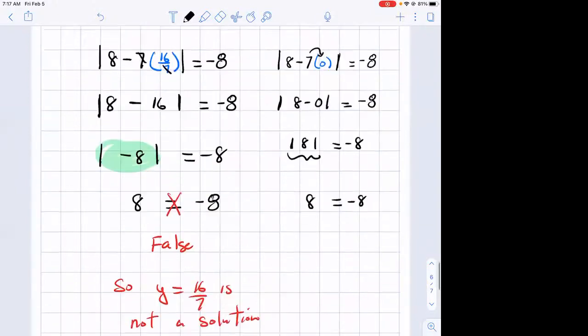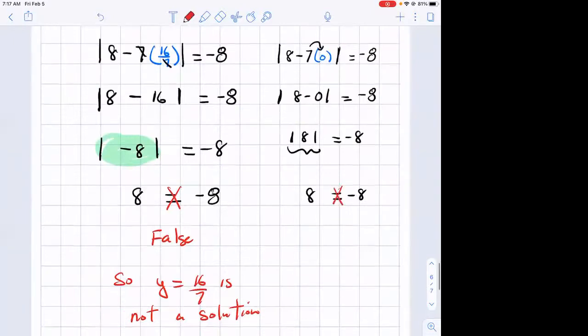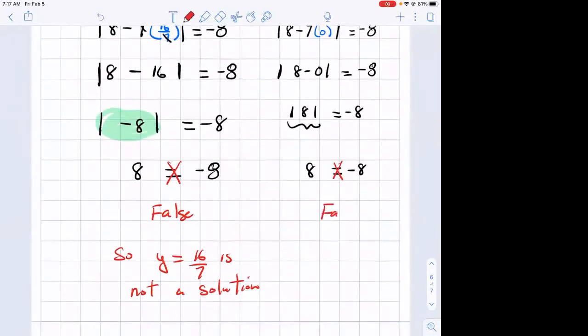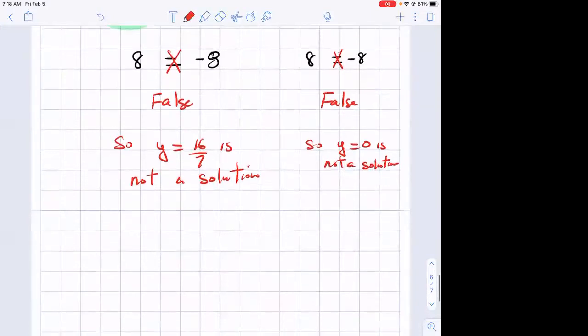Once again, we see that 8 is not equal to negative 8. So this is also false. So y equals 0 is not a solution.